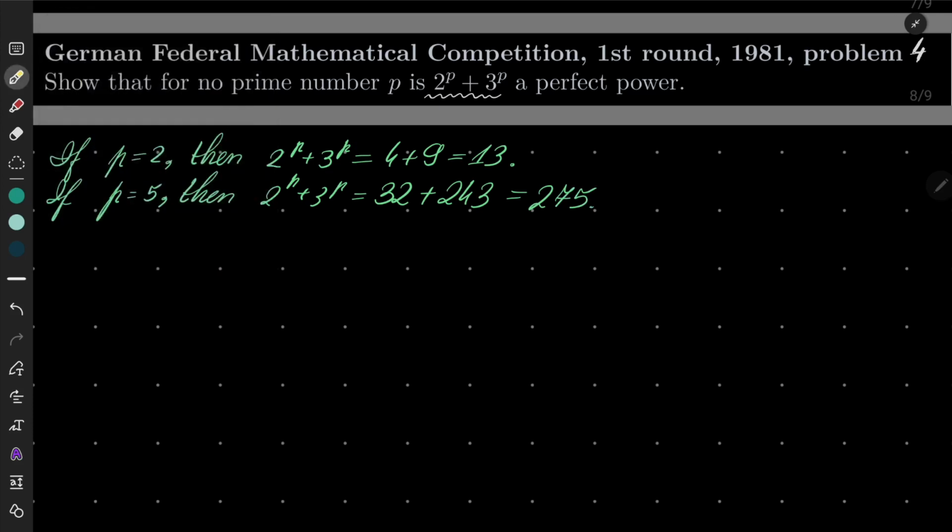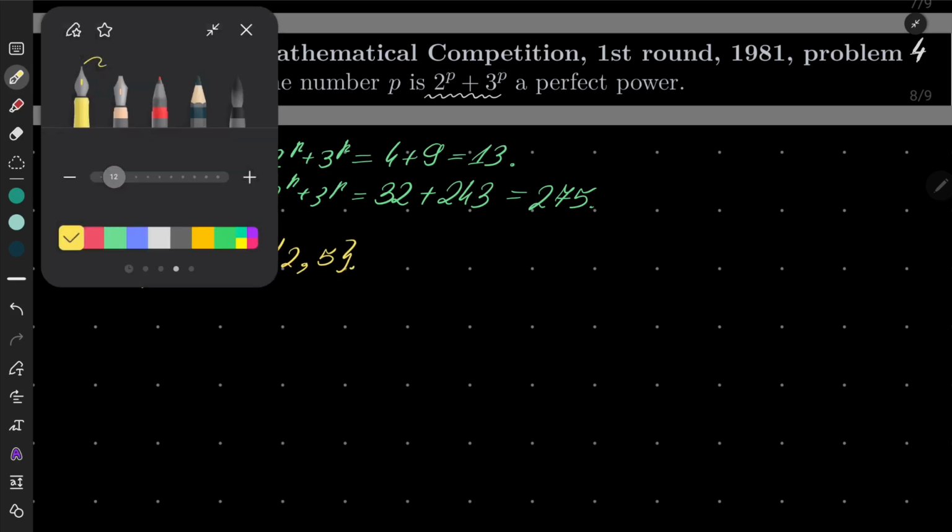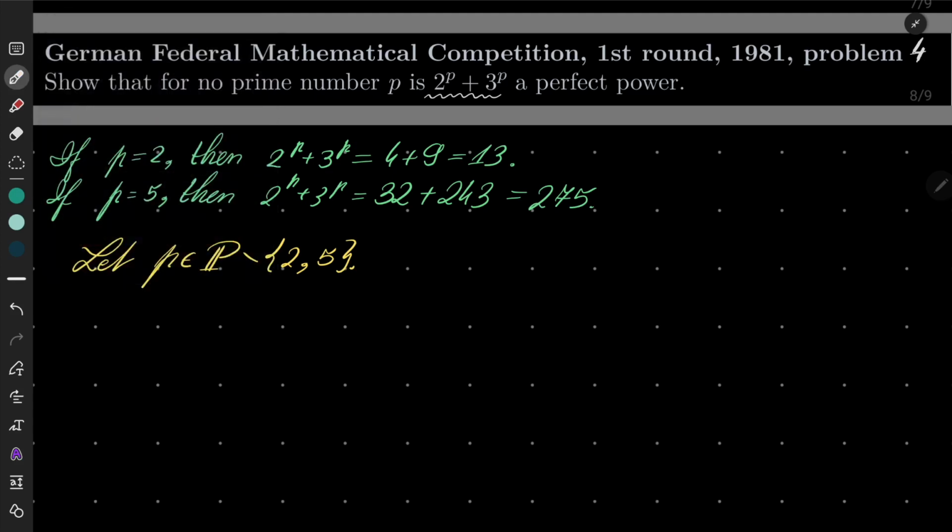So now let p be a prime, but not 2 and not 5. If you try plugging in values for p equals 3, 7, 11, you will see that every such number, 2 to the power of p plus 3 to the power of p, is divisible by 5, but none of them is divisible by 25.